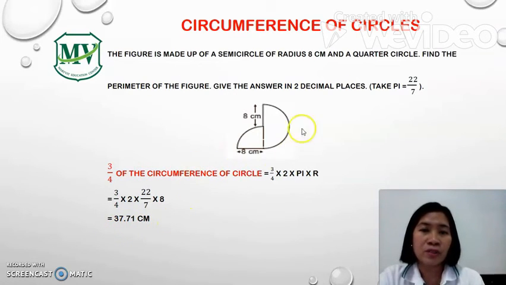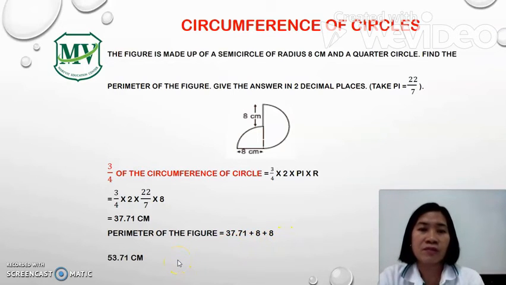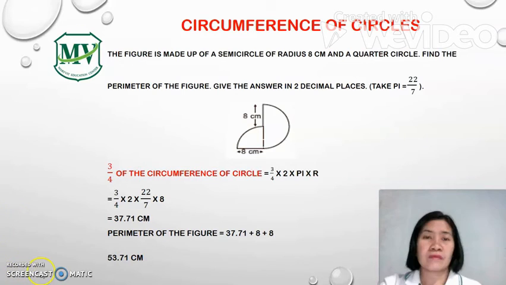To get the perimeter of the figure, we are going to add the circumference of the semicircle plus the radius of the quarter circle. So that would be 37.71 plus 8 plus 8. The answer would be 53.71 centimeters. So the perimeter of the figure is 53.71 centimeters.